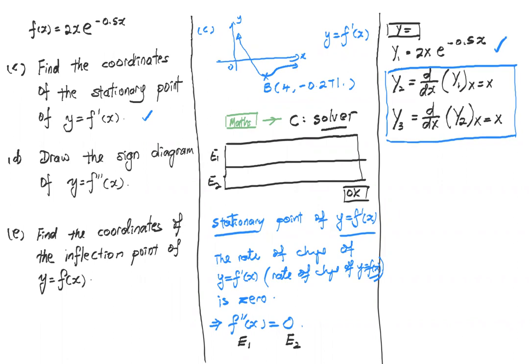Okay, are you done with your y3? Okay, yes. You are done with your y3. So now you press second mode. Okay, go back to your math, call out your solver.